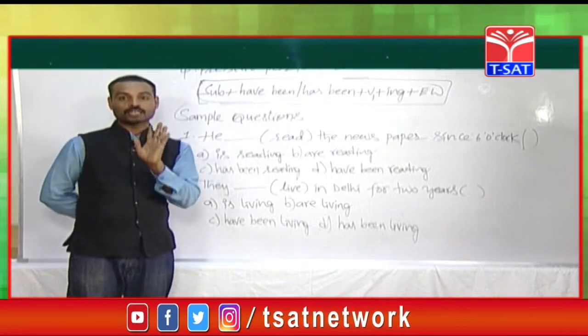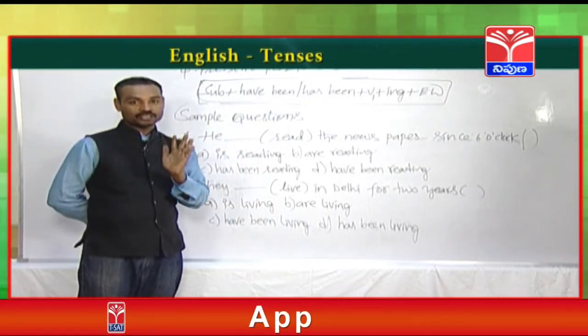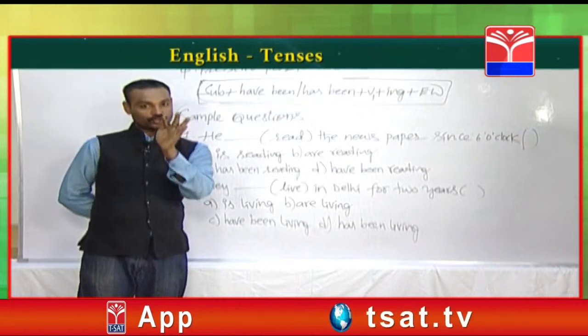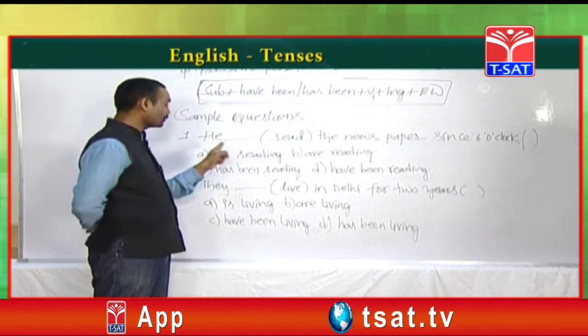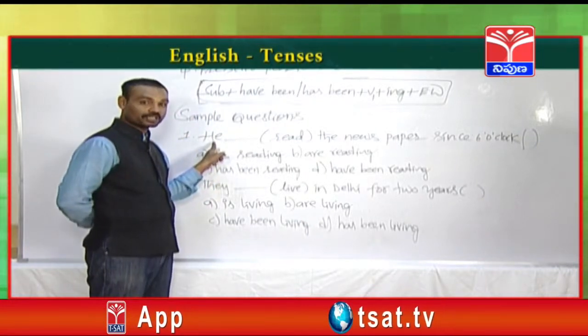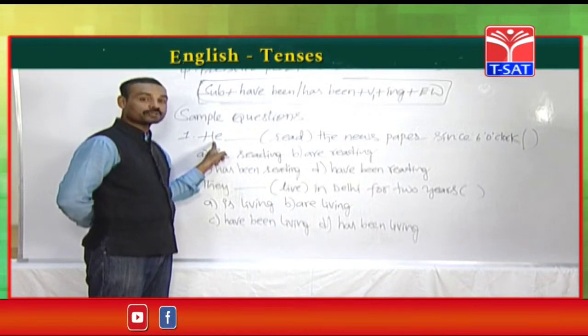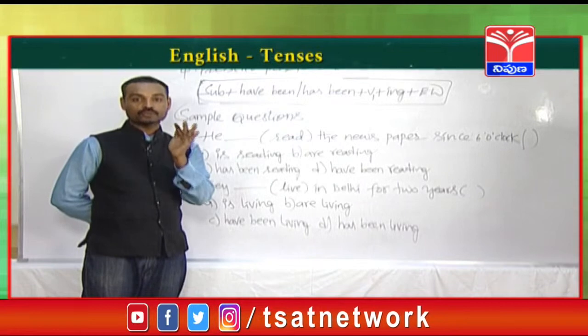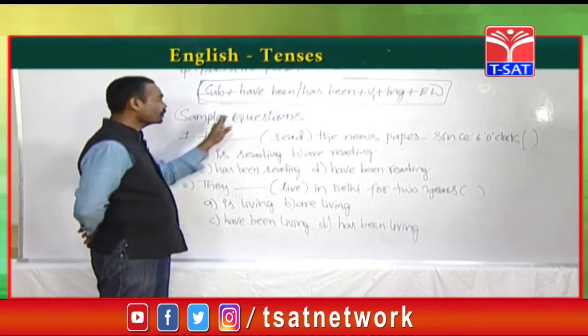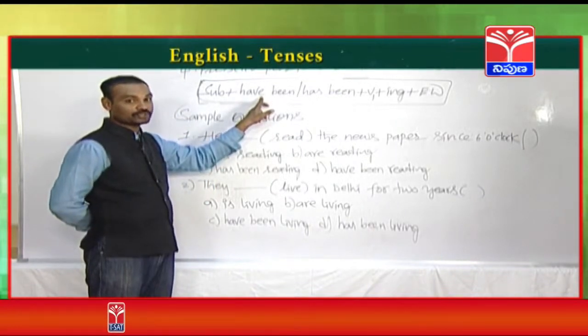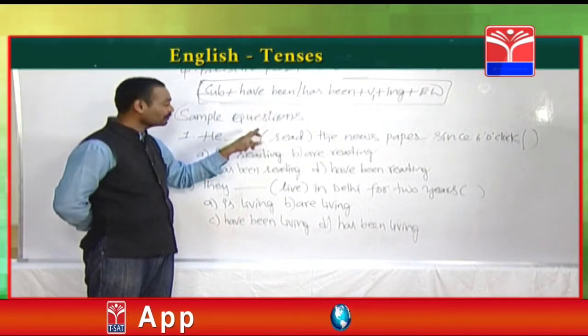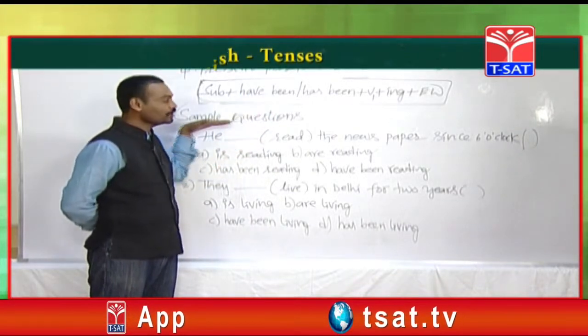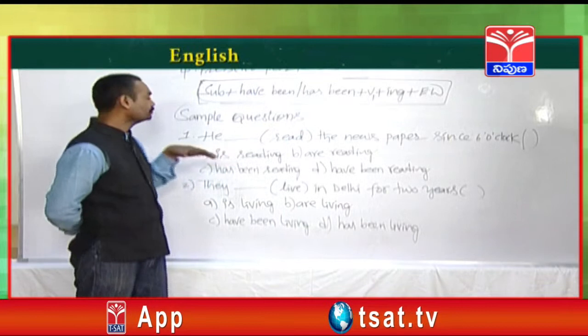Okay, you came to know the name of the tense. After knowing the name of the tense, you should come to the subject. Wherever the subject is, you are supposed to come. After coming to the subject, you should go to the frame, because you should apply this frame here. According to the frame only you should adjust the answer.